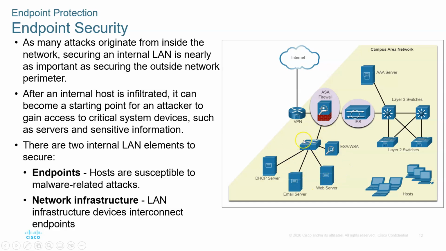That's pretty much what this is, because a lot of the servers outside, if anybody wants to access your email or your web, I'm assuming it's a DMZ. So you may go through an email security appliance to check your email before they send it to the email server, or a web security appliance before they send it to the web server.